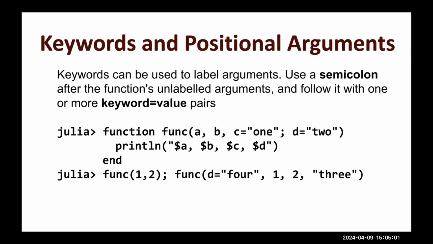C will be an optional argument because it has a default value of 1 set to get started. But D here, I'm sorry, this D here is a keyword argument, which is separated from the so-called positional arguments with a semicolon.